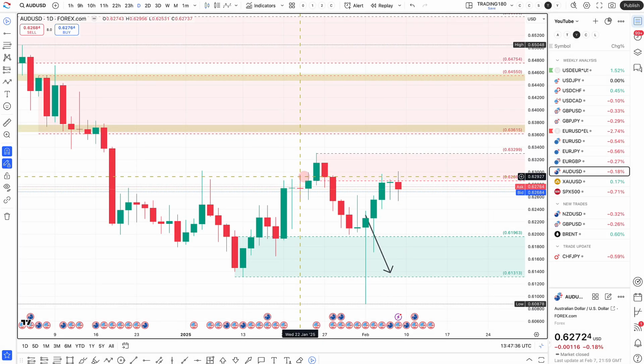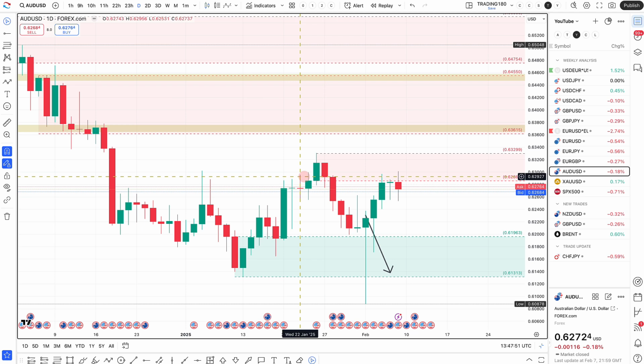I think the Australian dollar does look like a little bit of a buy fundamentally, but from a risk sentiment perspective, with tariffs against the US dollar, it's more likely a sell.